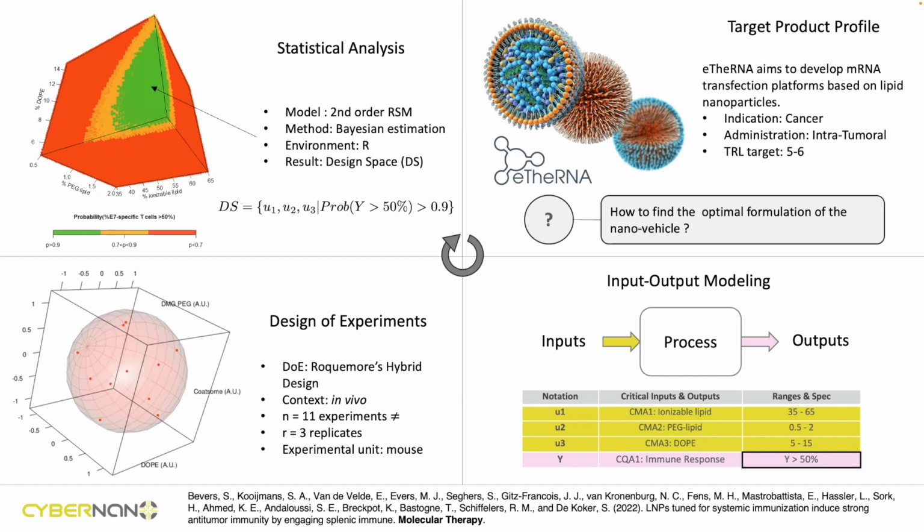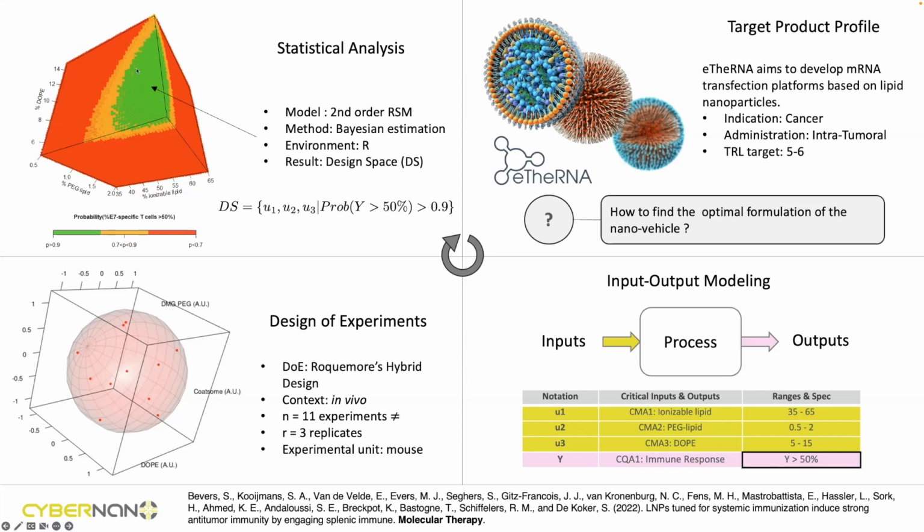After the experimentation phase, we collect the data and analyze the data to get this. This cube corresponds to the universe of all the possibilities of lipids. And you can see a green region. This is what the FDA and ICH call the design space.